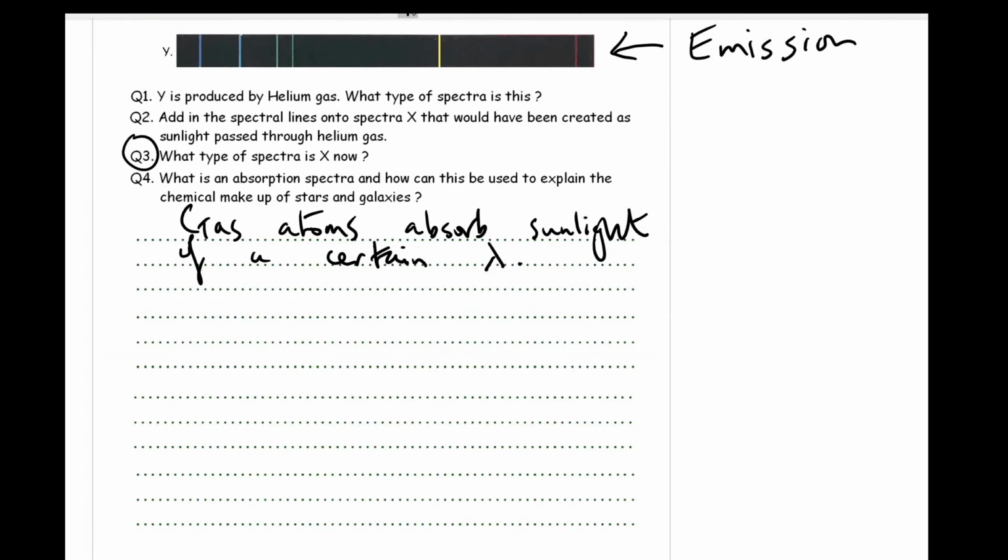That's a symbol for a wavelength, upside down Y. They then re-emit them in all directions. So those wavelengths of light are absorbed and then emitted in all directions. So they don't reach your eyes, in other words.